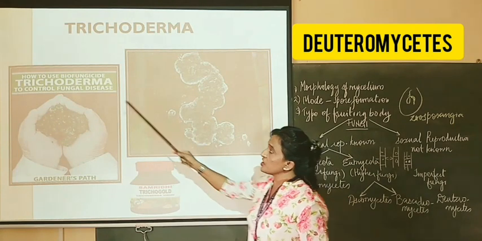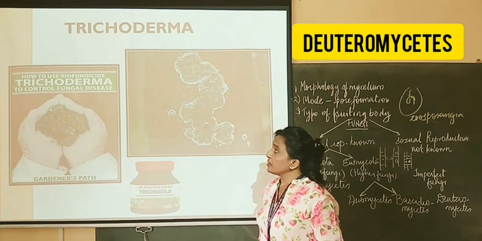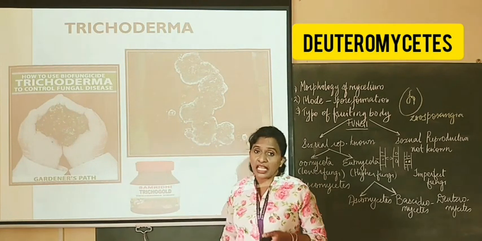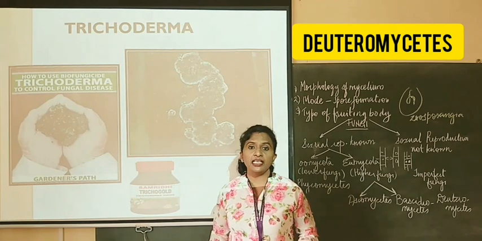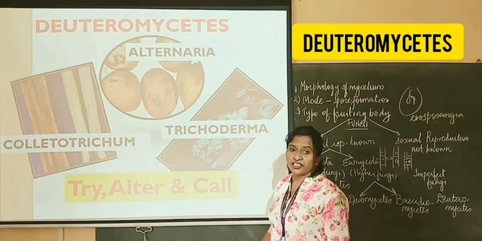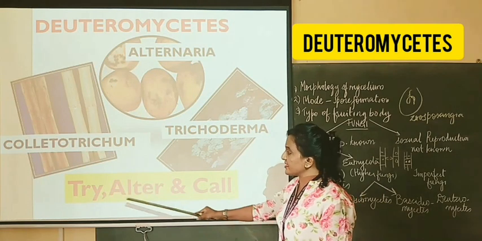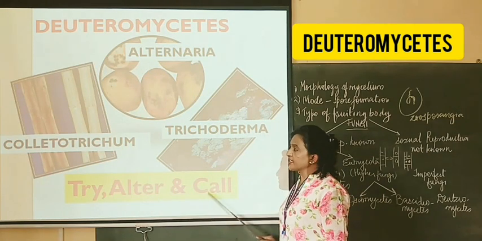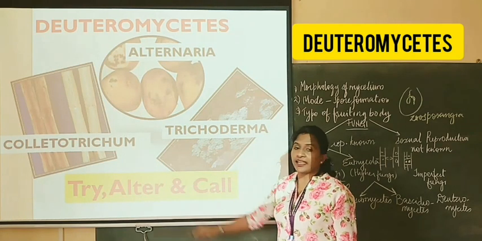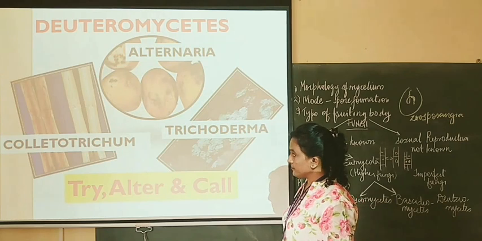This species is also useful to prepare biofungicide, so it is biologically helpful to eradicate fungal diseases. Here we can remember all Deuteromycetes species as tri, alter and col: Trichoderma, Alternaria and Colletotrichum.